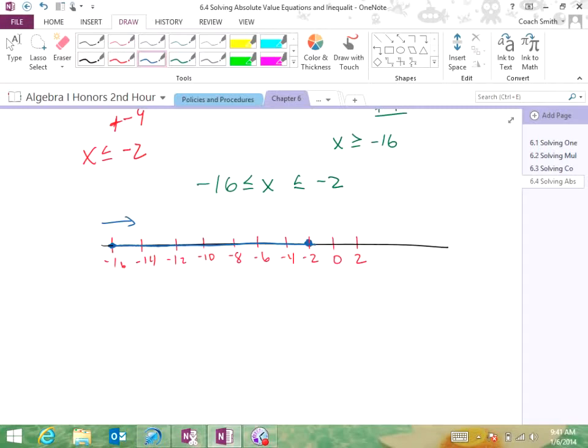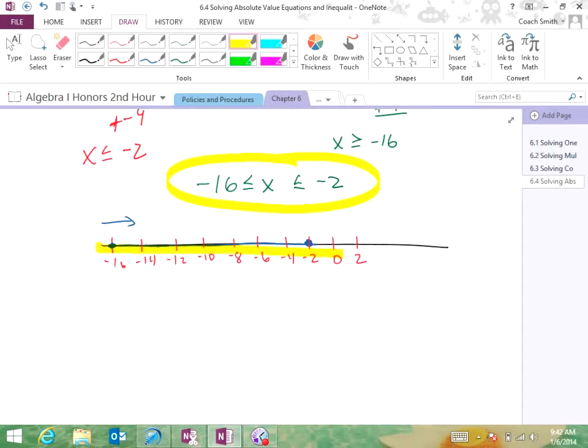The answer is this and that. Okay? Like I said, some of them they're going to say solve the inequality. Some of them they're going to say solve and graph the inequality. That's number 46 that we just did. Number 46, the directions say solve and graph, so you got to do both. Okay? For that to be correct.